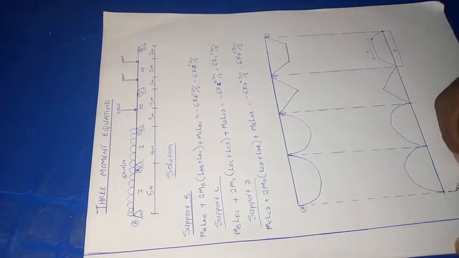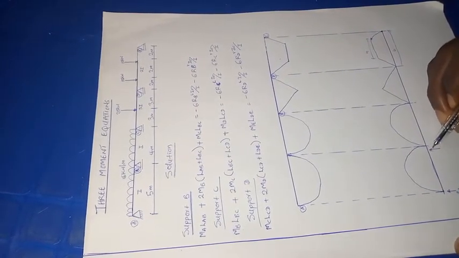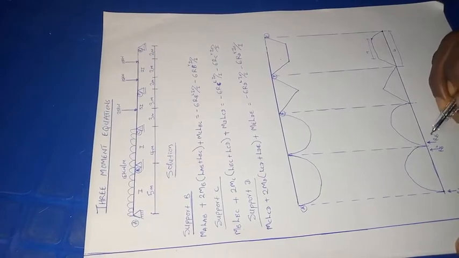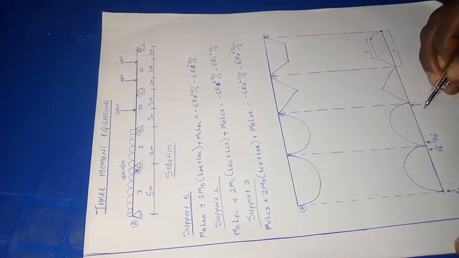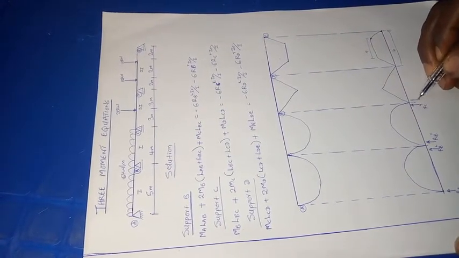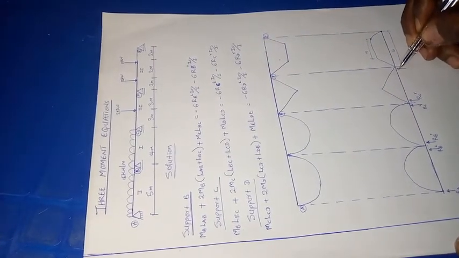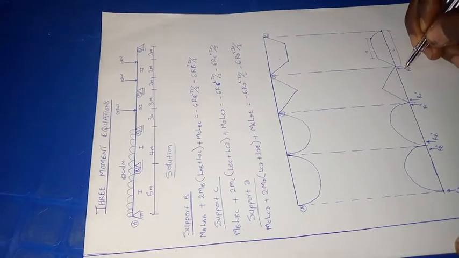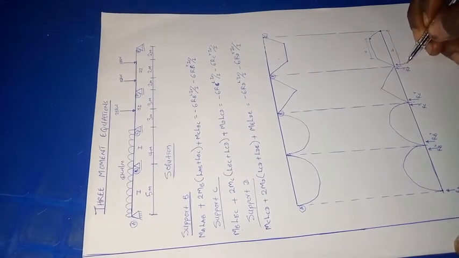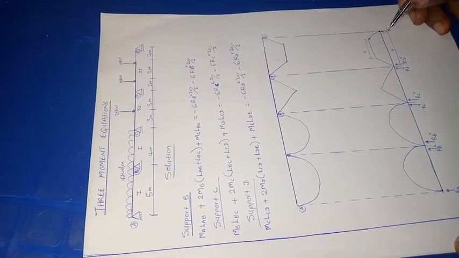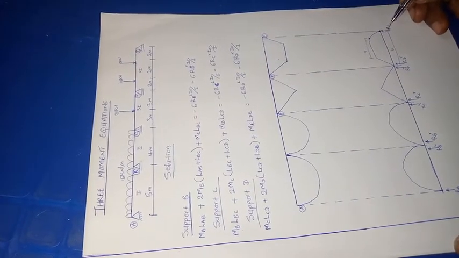So I'm going to have one reaction at A, two reactions at B, which are reaction at B left and reaction at B right. Likewise, I'll have my reaction at C left and C right, and my reaction at D left and D right, and lastly my reaction at point E.